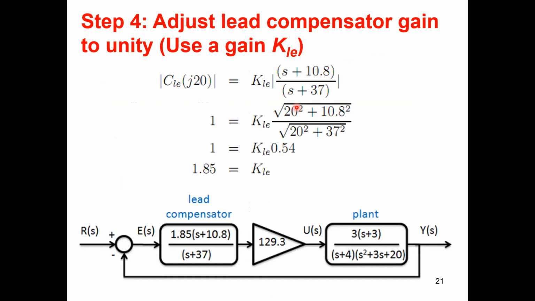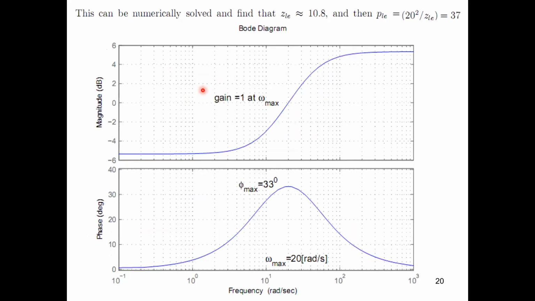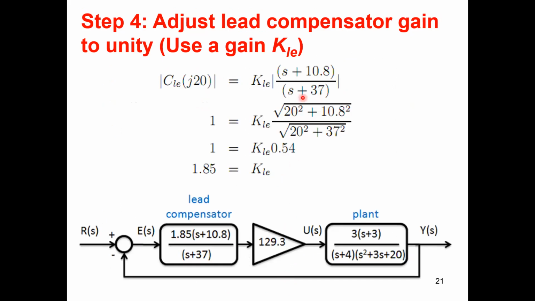The lead compensator, when it comes over here, the magnitude of the lead compensator should be 1. So this is almost 1 here, right? Almost 1 here, almost 1 here, but not exactly. So we have to perfectly adjust it.